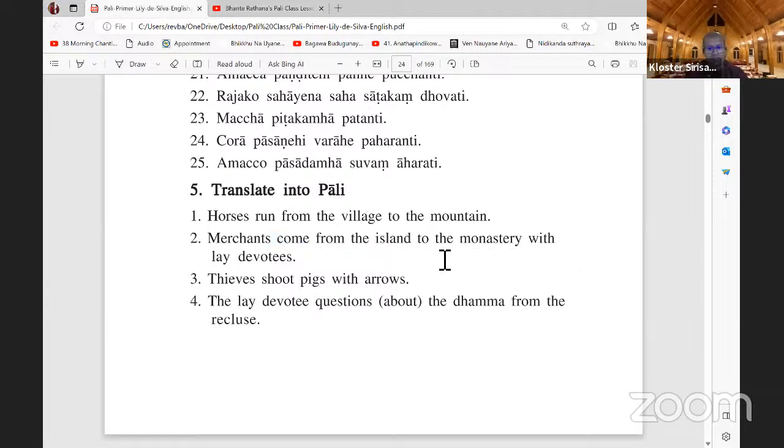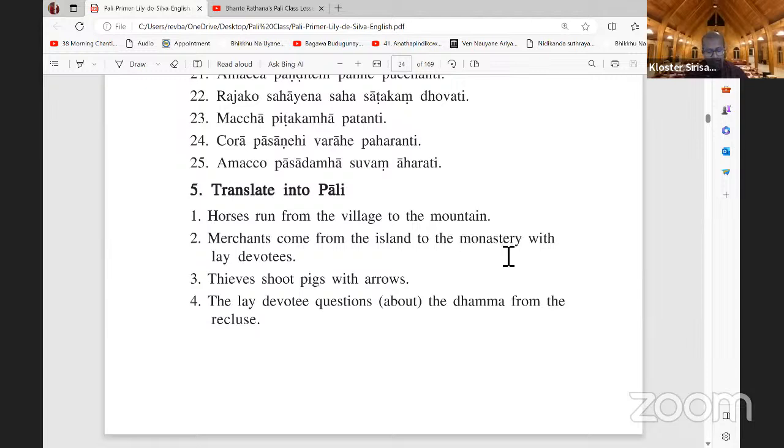Then come the lay devotees, upasakehi, with, saddhim, right? And the island, then comes dipamha, the separation. And the last comes viharam, the monastery, viharam.